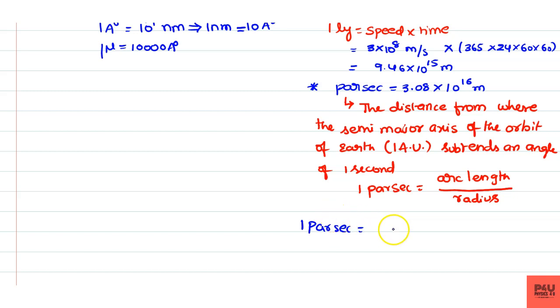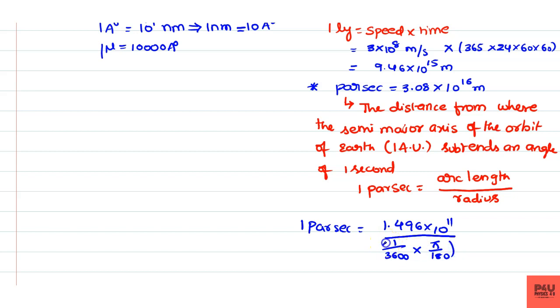Arc length is 1.496 into 10 to the power of 11 meters, divided by the radius, which is 1 by 3600 into pi by 180.